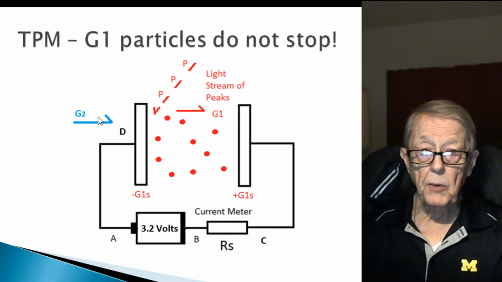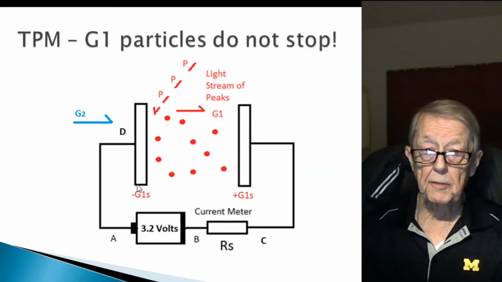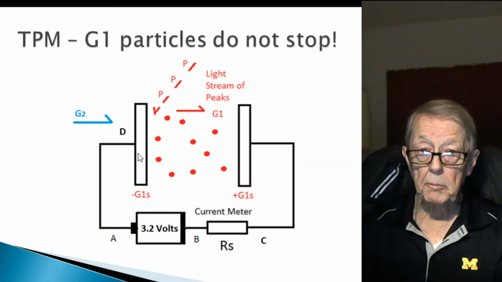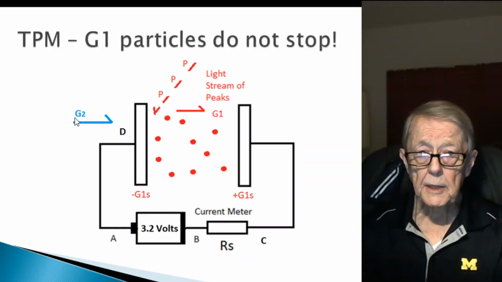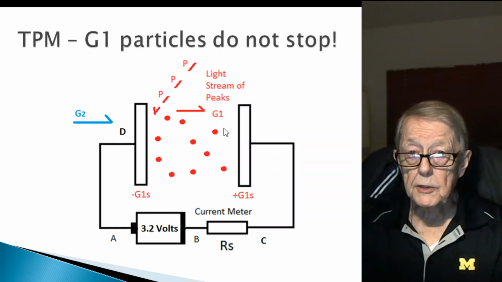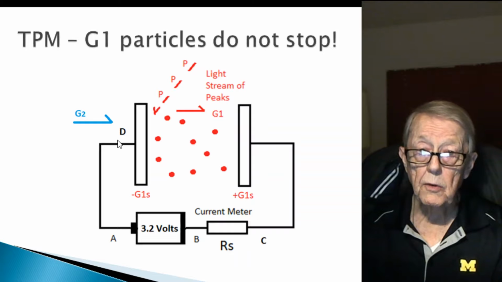There is a G1 net G2 force field in this direction caused by the fact that this plate is losing G1s. This one may be gaining or may not be gaining, but that difference causes these particles to move this way, and they continue to move around the circuit.